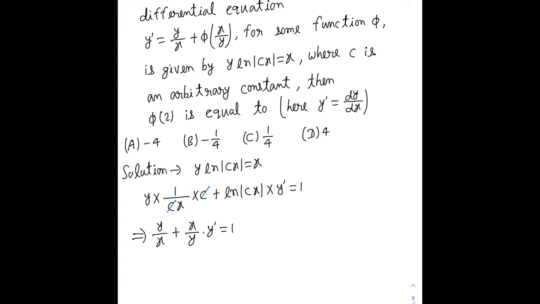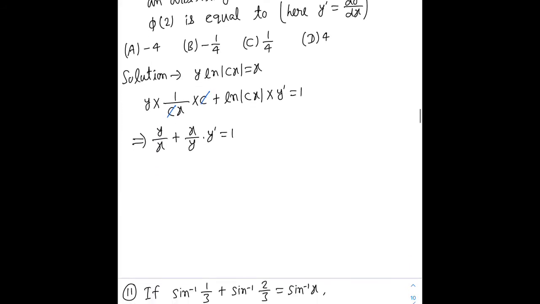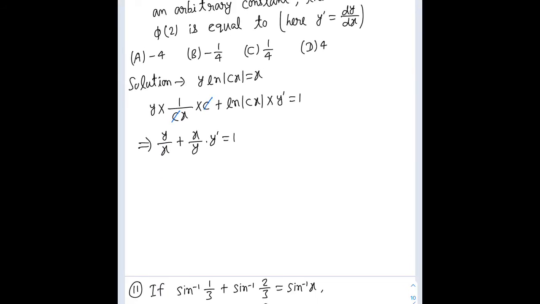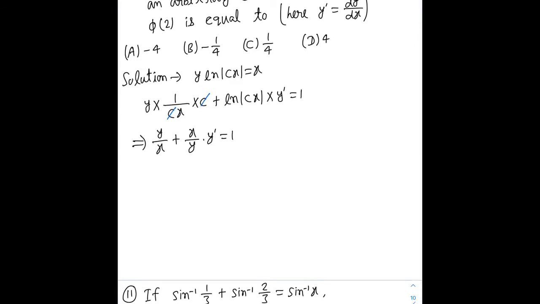Okay, then you have y dash equal to this. So with the help of this equation, you will get x by y into y dash equal to 1 minus y by x. Then y dash would be nothing but 1 minus y by x.